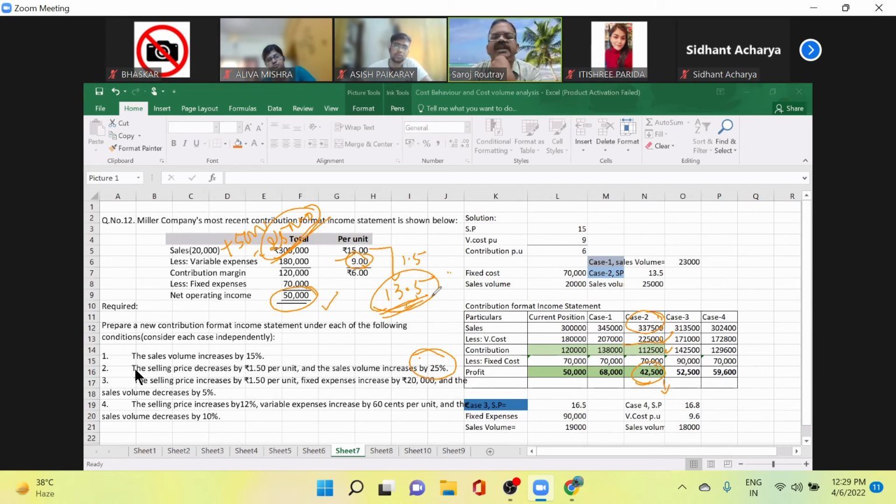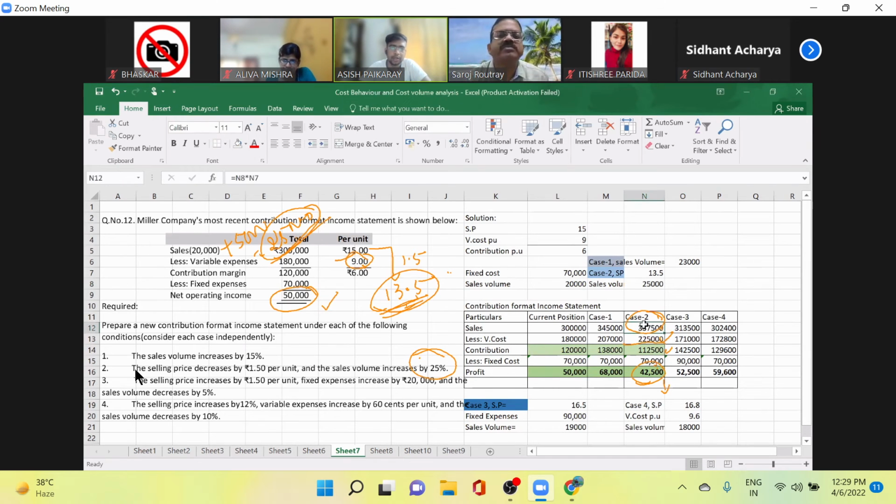Please check it once again. I don't know, possibly I would have made some mistake somewhere. Directly you can do that: 13.5 minus 9 equal to 4.5 into 25,000.